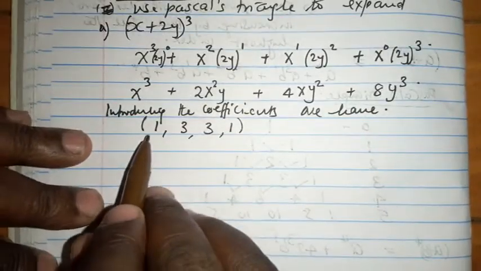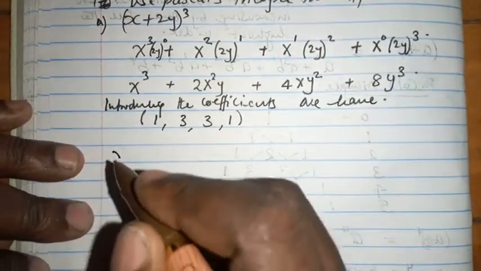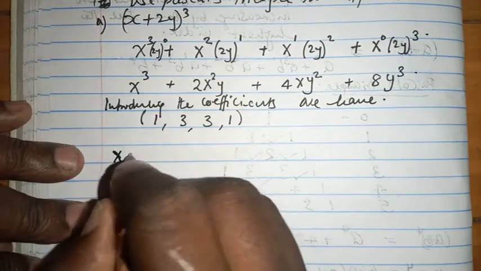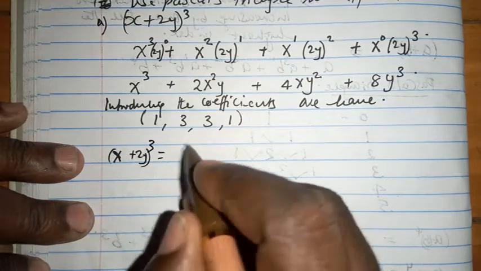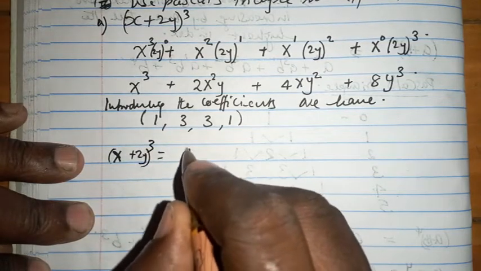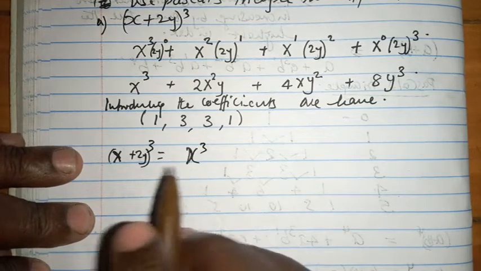So we introduce 1 to the first term, so the final answer for x plus 2y cubed is going to be 1 times x cubed.